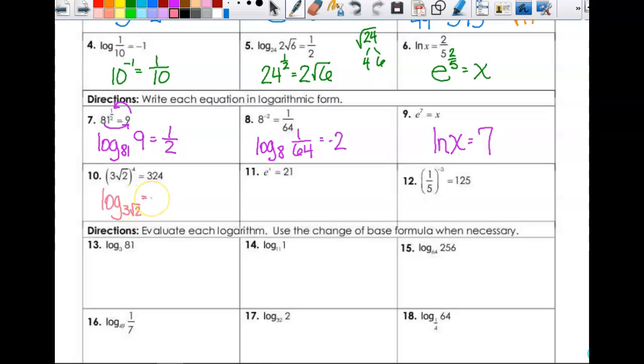It's like the 10 on the other one. All right. Do we agree with those? Yes? Awesome.